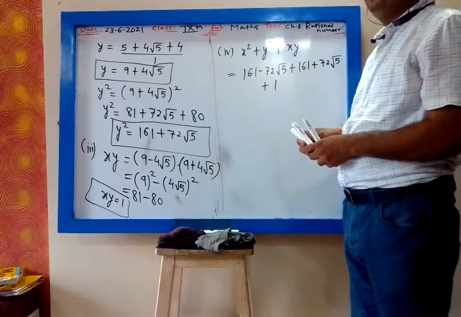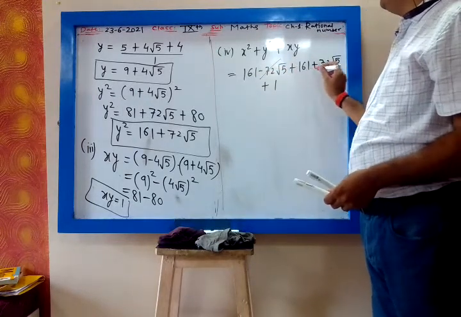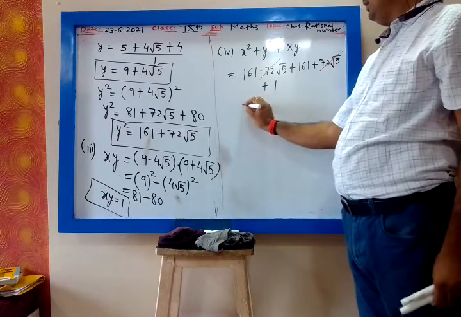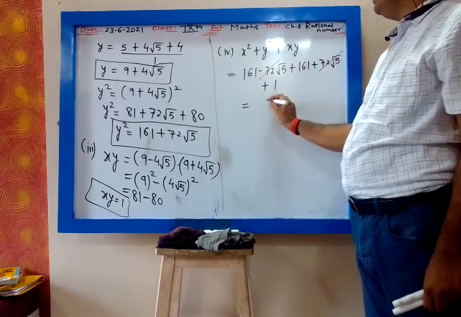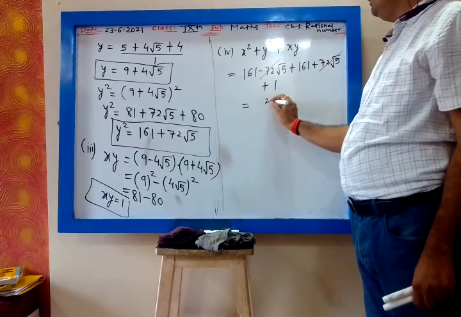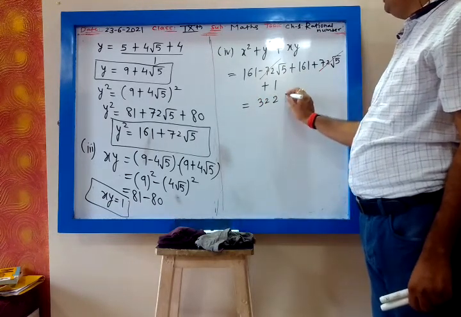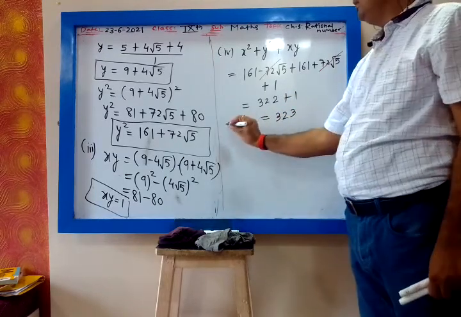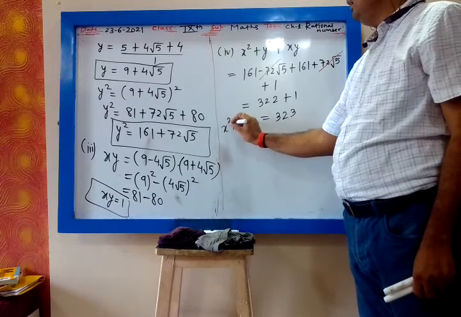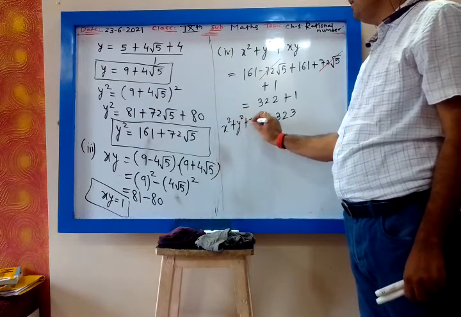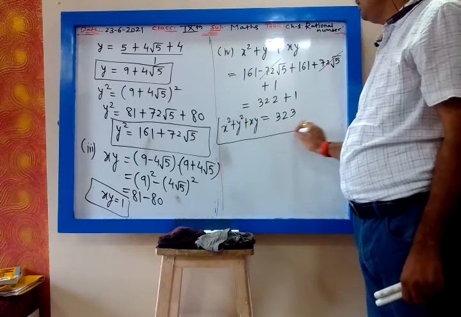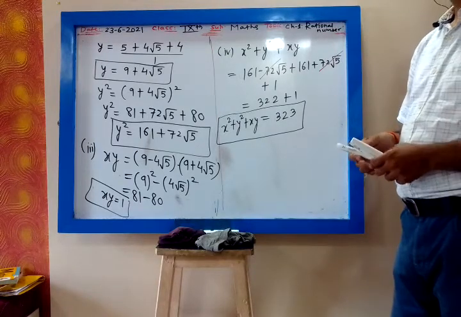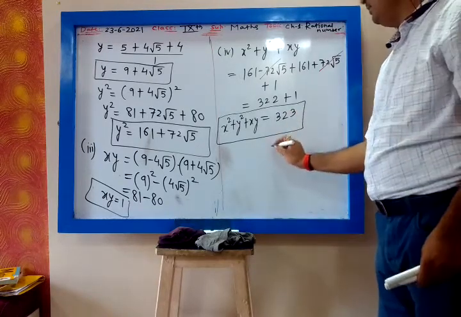Now minus 72 root 5 gets cancelled with plus 72 root 5. 161 plus 161 is 322, plus 1, that is 323. Correct. So x square plus y square plus xy is 323.